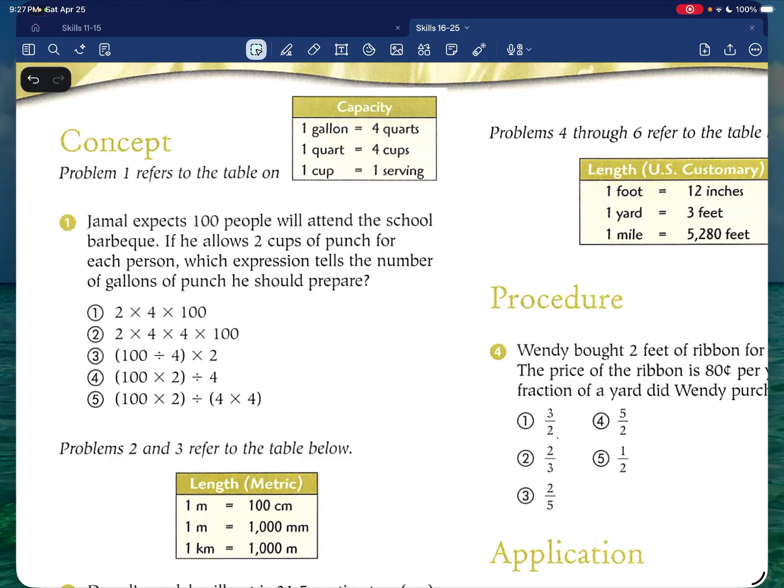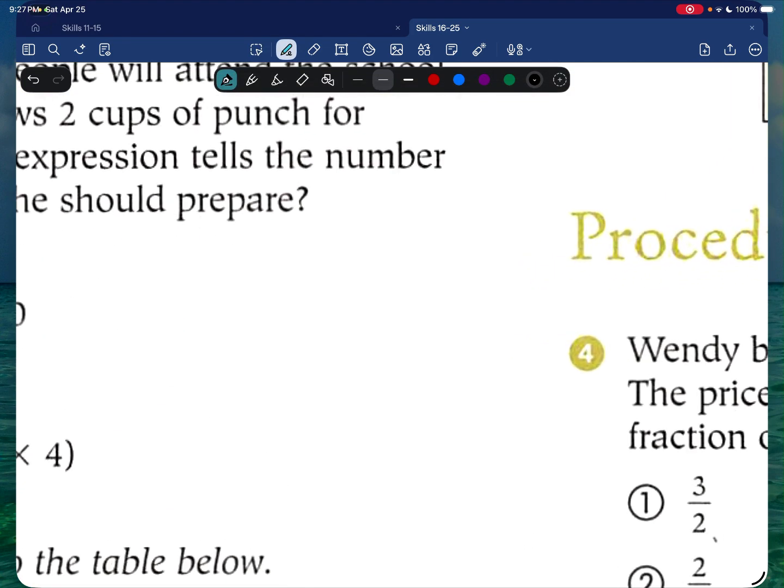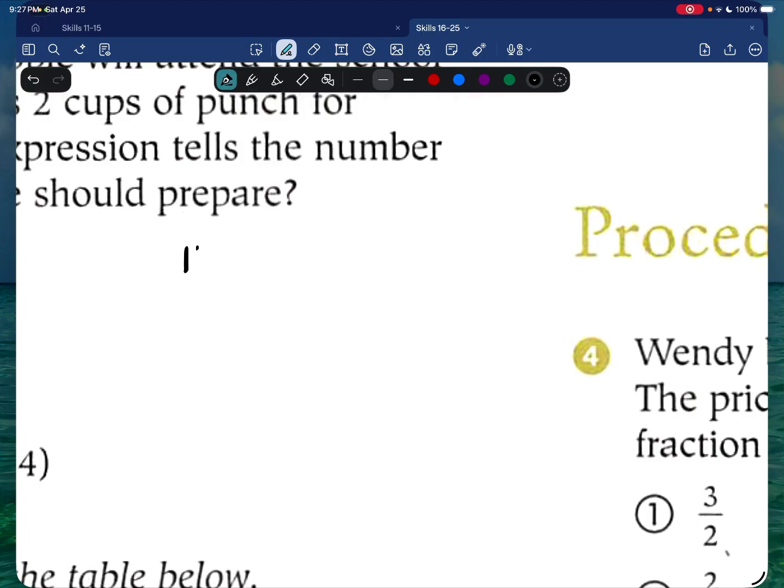We have 100 people who are attending, and each person gets 2 cups. So I'm going to multiply 100 times 2 cups. And that tells me that Jamal would need 200 cups of punch. And then we need to convert that 200 cups back into gallons.